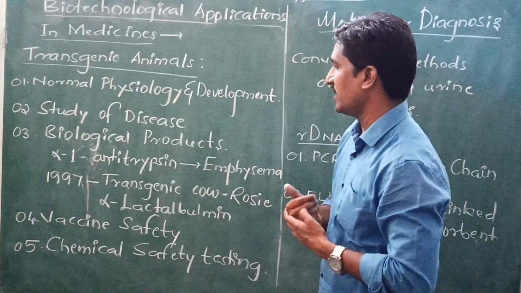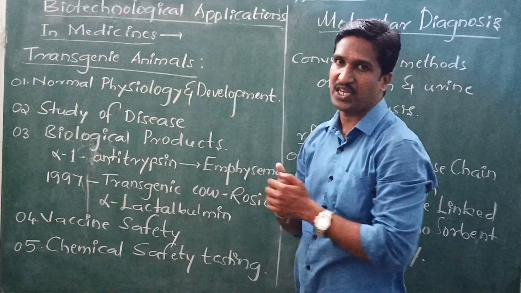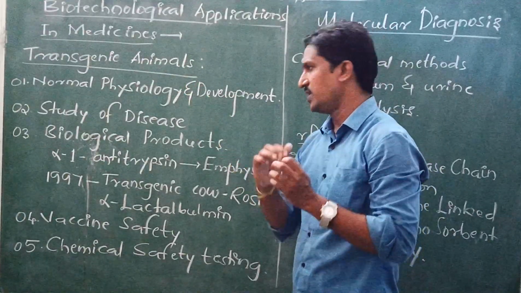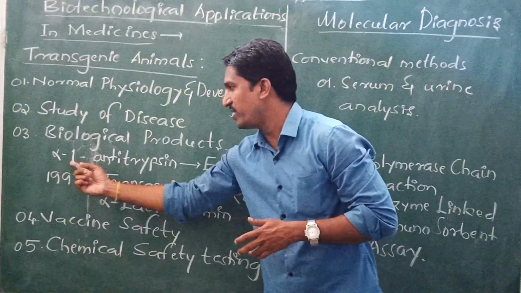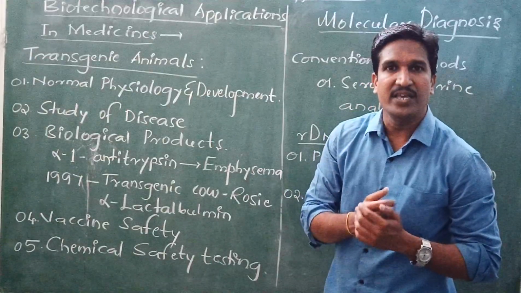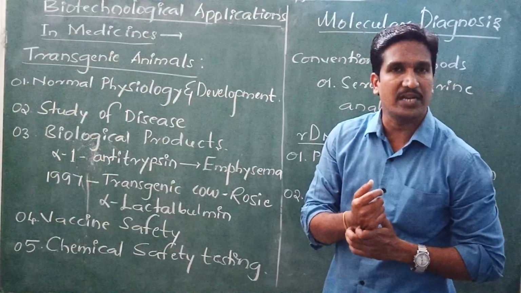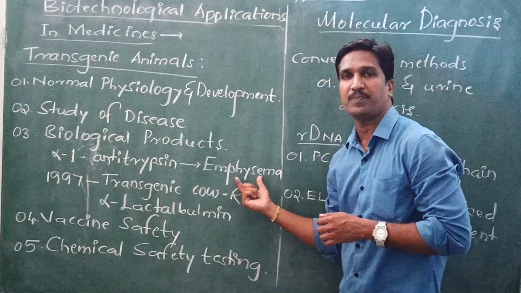The third one is that biological products are produced through these transgenic animals. One example I would like to tell you here is alpha-1 antitrypsin. Alpha-1 antitrypsin is a protein, an enzyme, which cures a disease called emphysema.